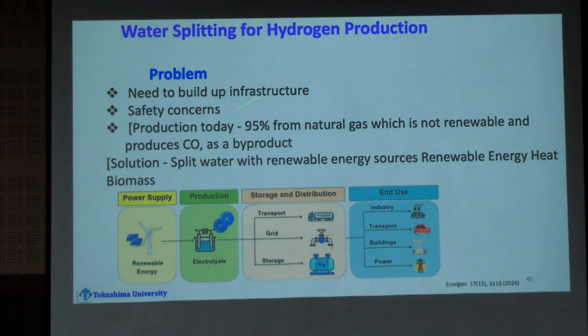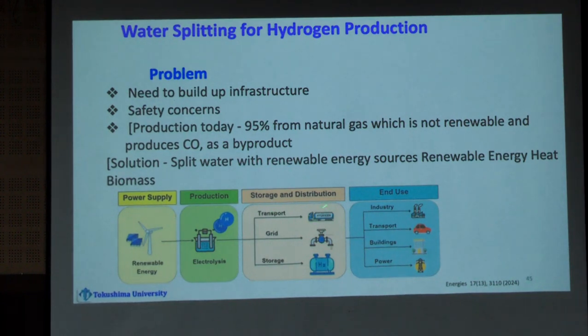So the solution for this kind of problem that we are facing or we will face in the future is going toward water splitting. And water splitting application can be used in various fields like industry, transportation, building, and power, or we can store this hydrogen for a long time.